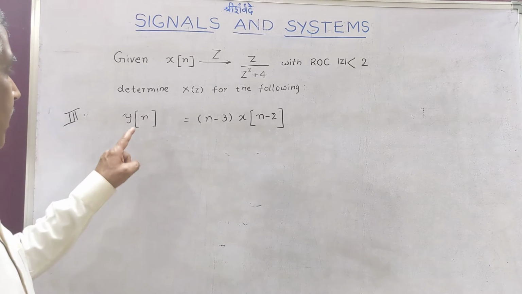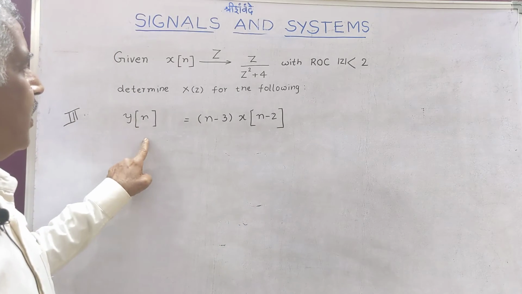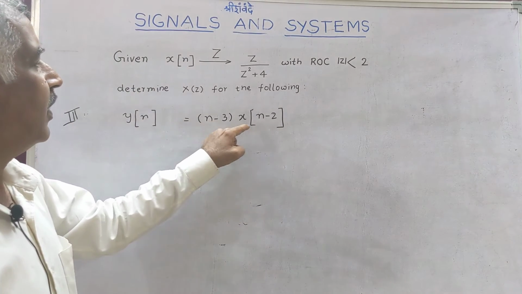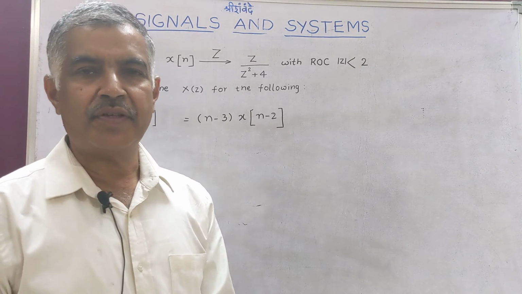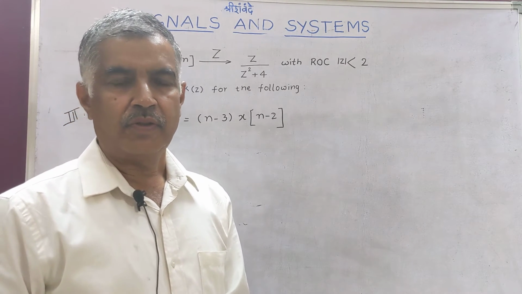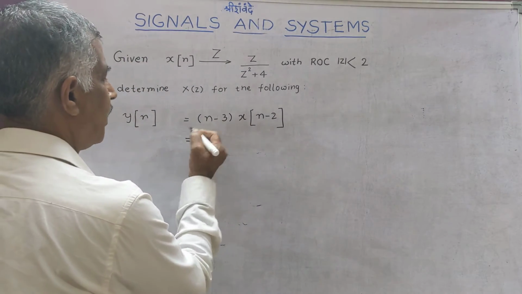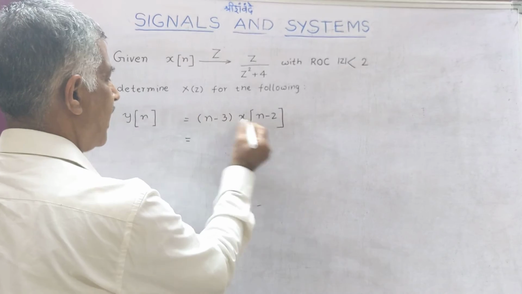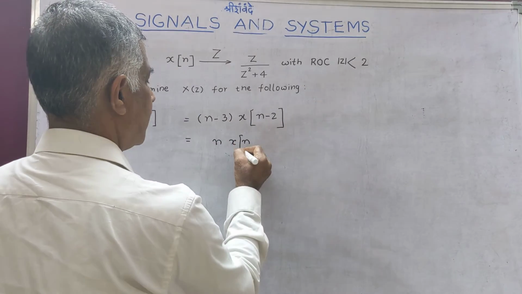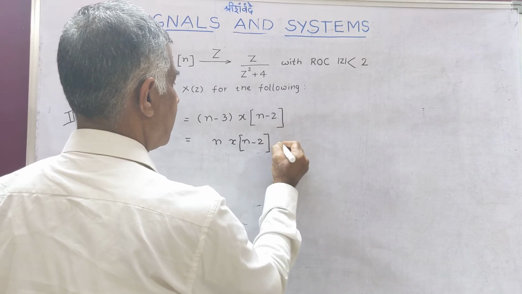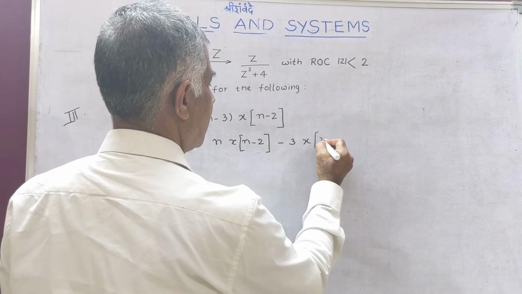Third problem. I am working out this problem from Simon Haykin's book. Y of n equal to n minus 3 into x of n minus 2. You should arrange the terms in such a way that you identify the properties. So n minus 3: I will expand it as n into x of n minus 2 minus 3 x of n minus 2.